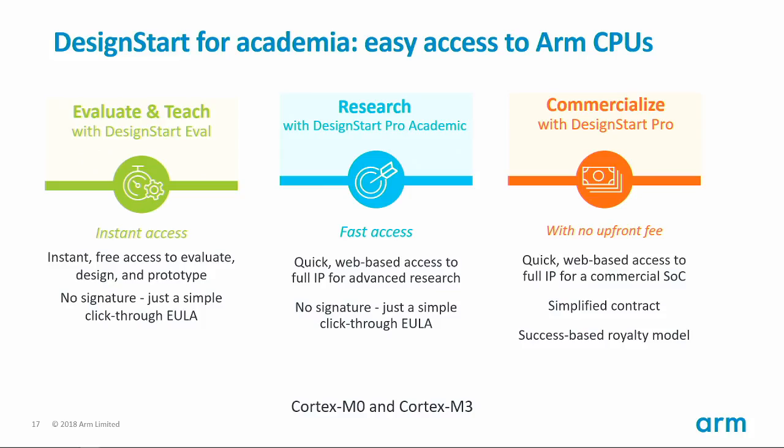Then if you want to commercialize your research and take it to market, then we have DesignStart Pro, which has, again, a simplified contract, but it needs to be paper signed, and then you will be paying some royalties from shipping more than 1,000 units.